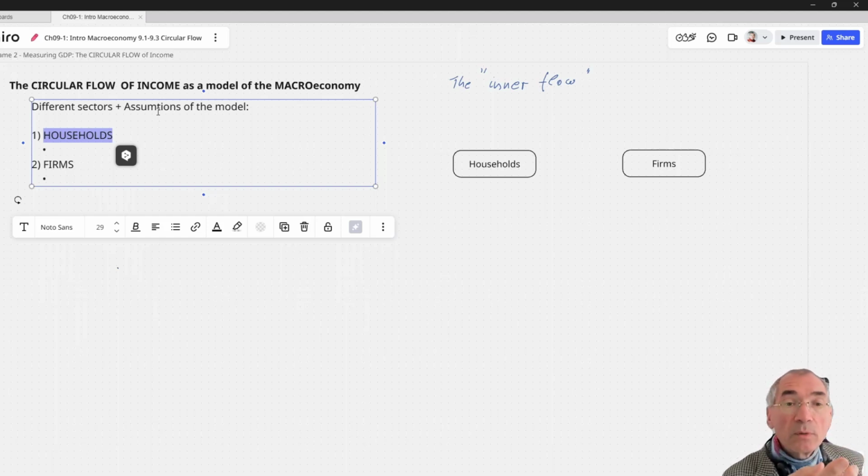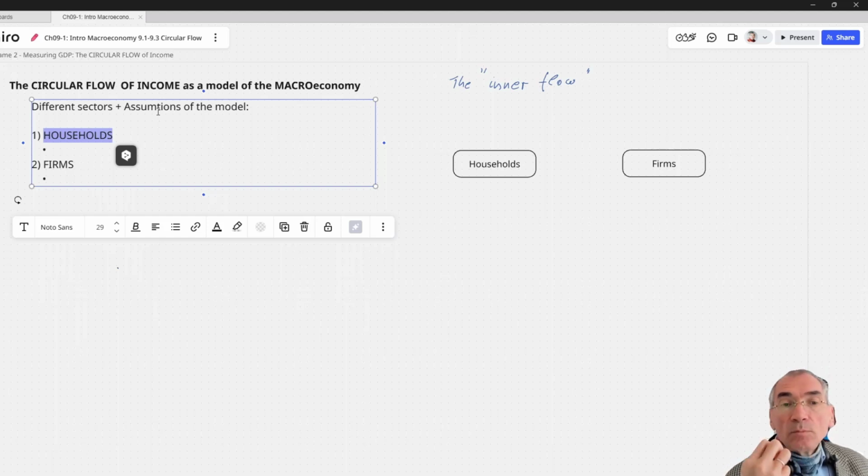So firms, that we are going to look at second, are legal constructs, but they at the end belong to individual people, which means all the resources, recall, production factors, labor, land, capital, and maybe entrepreneurship, all this belongs at the end to you, me, and other people who have a part of the capital of our capitalistic system. And households offer these production factors on markets which we call factor markets.